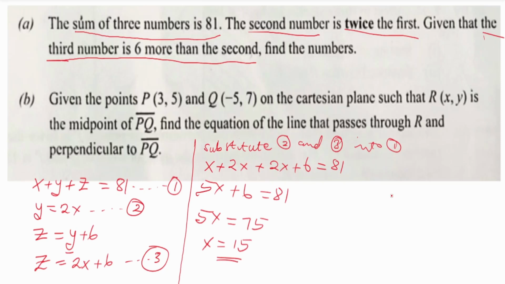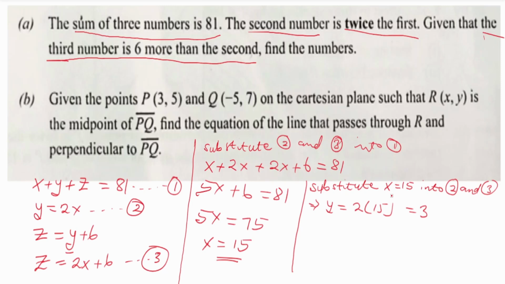Now we know what x is, so we just need to substitute that into equation 2 and 3 to get y and z. So equation 2 now becomes y equals 2, wherever we see x, we put 15, which is 30.